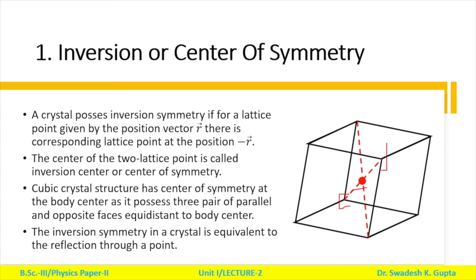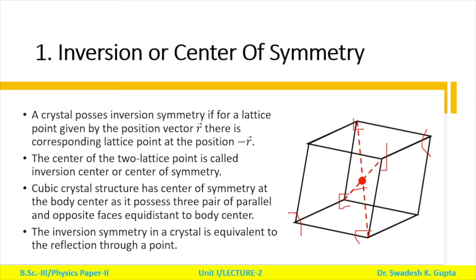So this center point is the center of symmetry. This center of symmetry also works for this corner and this corner, similarly for this corner and this corner. So in total it possesses three pairs of parallel and opposite faces equidistant to the body center.